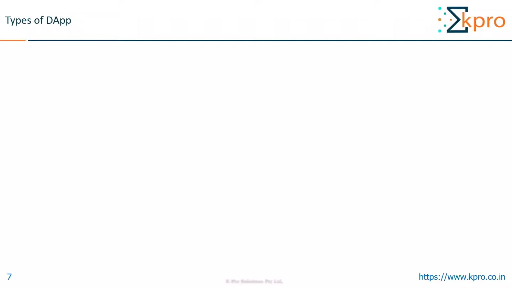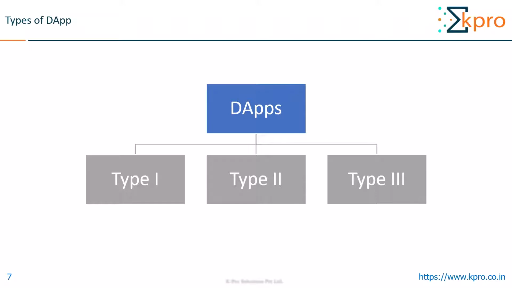Next, let us see types of decentralized applications. One of the methods to classify decentralized applications is based on whether that decentralized application has its own blockchain or not. Based on this method, it can be classified into 3 types, that is type 1, type 2 and type 3. In type 1, decentralized applications have their own blockchain.